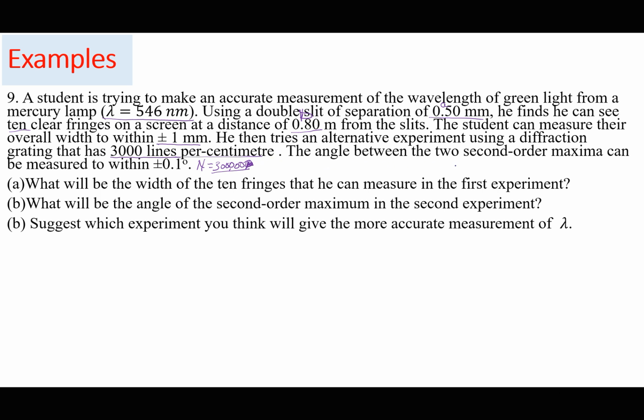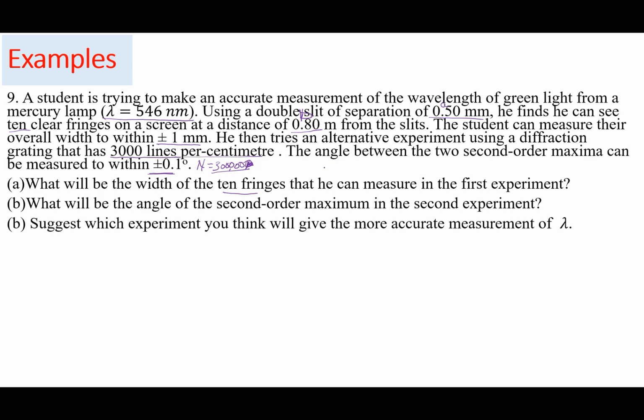The angle between the two second order maxima can be measured to within plus or minus 0.1 degree. The angle between the two second order maxima, that is one above and one below. What will be the width of the 10 fringes that he can measure in the first experiment?